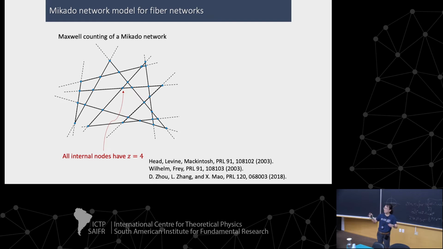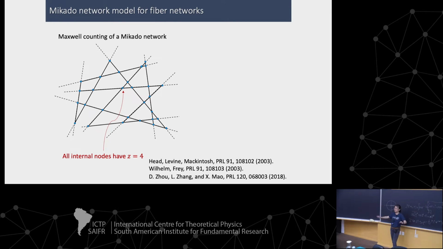It's good that Fred already gave a very nice introduction to fiber networks, so I can just start from there. You think of this so-called Mikado network, right, which is a two-dimensional disordered fiber network. And then you can ask, what are the floppy modes of this network?